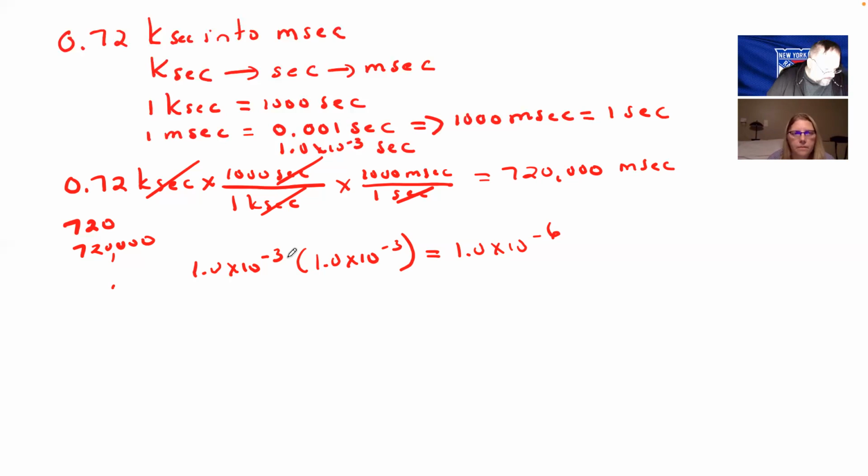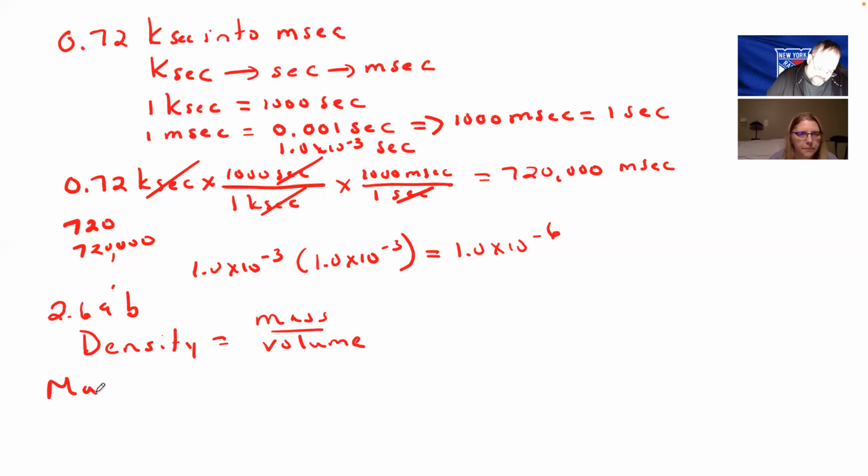So this is 2.69B. All right. So first off, density, of course, is equal to the mass over the volume. All right. Correct. Now, in our answer here, the unit that they want is grams per milliliter. All right. Correct. So let's talk about the mass aspect first.